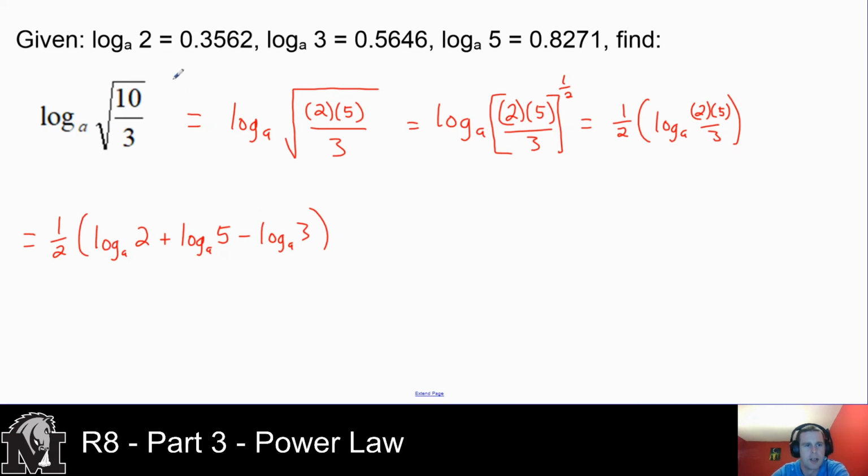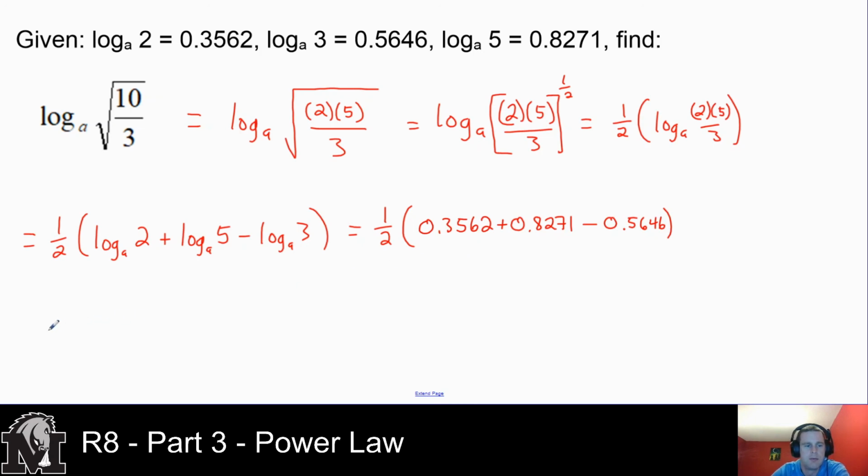Now I have an expression that has all of these things up here. So we can rewrite this as 1/2 times log base a of 2, which is 0.3562, and then log base a of 5, which is 0.8271, and then we're subtracting log base a of 3, which is 0.5646.